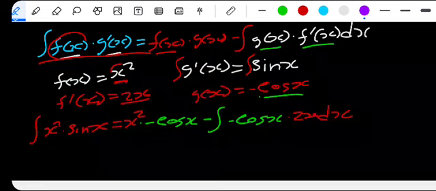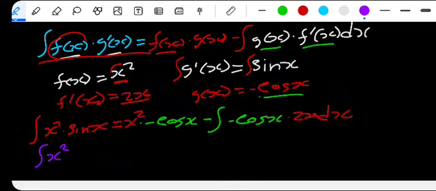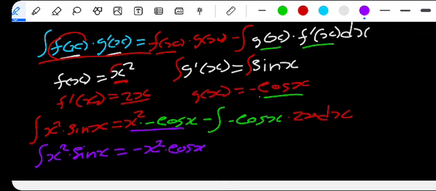So on our left hand side we still have x squared multiplied by sine x. This will be negative x squared multiplied by cos x.